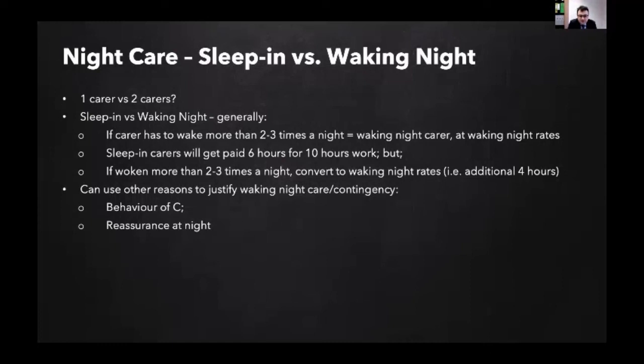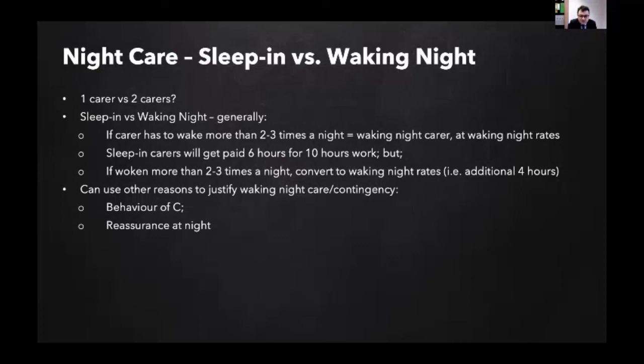In general terms, when this point has been considered by the courts, it's been determined in this way, specifically that if a carer is likely to be disturbed more than 2 to 3 times a night on a regular basis, they flip from being a sleep-in carer to a carer who needs to be paid the full waking night rate. I won't get into the mechanics as to why, but essentially it's because from that point in time onwards, they're having insufficient rest under the working time regulations.